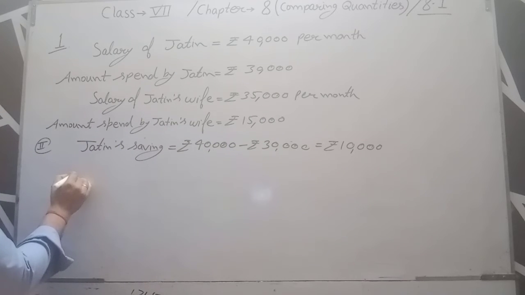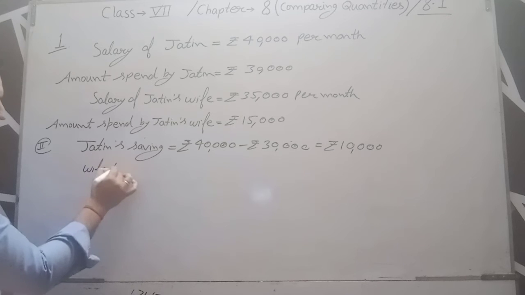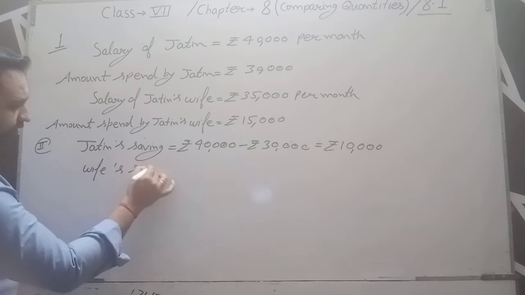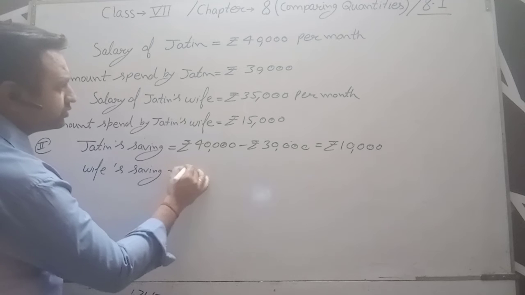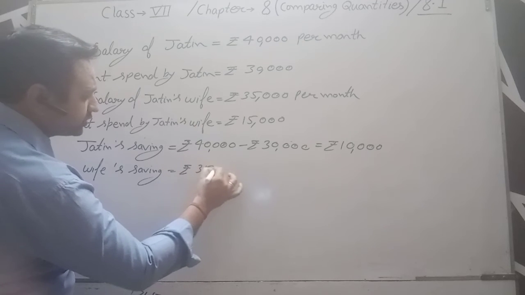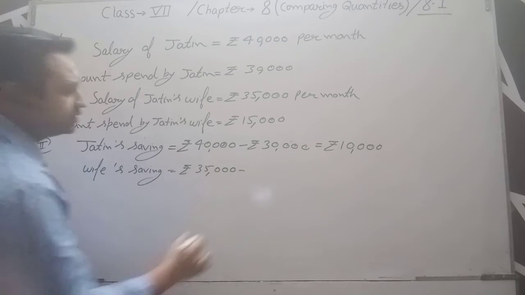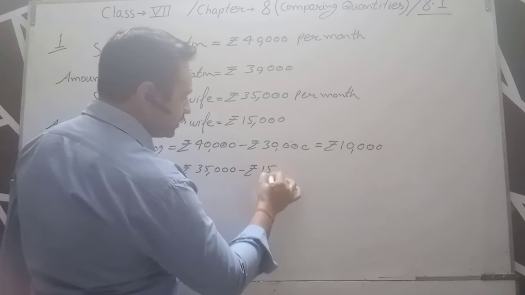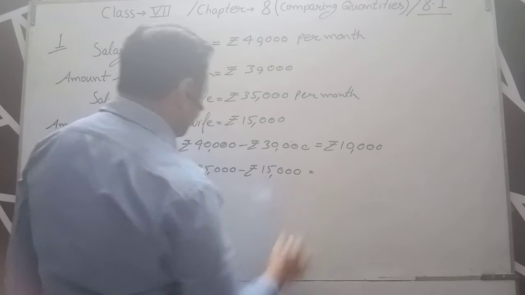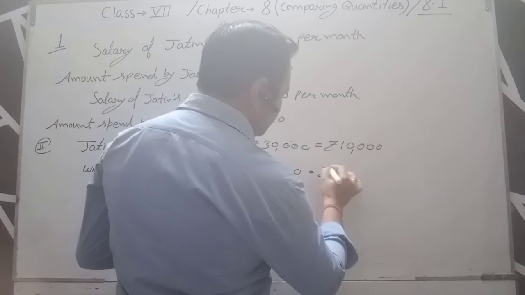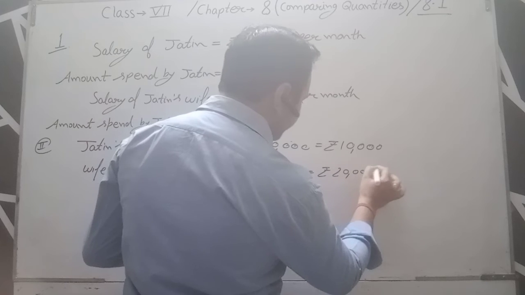Now we have to find out Jatin's wife's saving. Rupees 35,000 minus rupees 15,000, and the value is rupees 20,000.